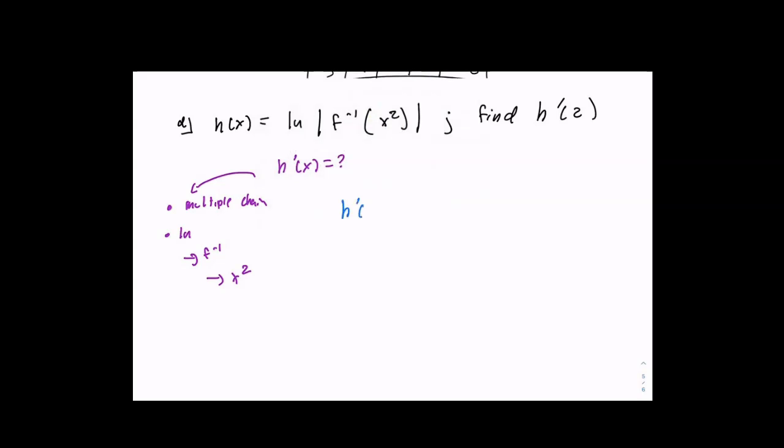So h prime of x equals, what's the derivative of natural log? 1 over everything, the baby. Yep, so what is it? 1 over the inverse of f of x squared, times the derivative of the inverse.